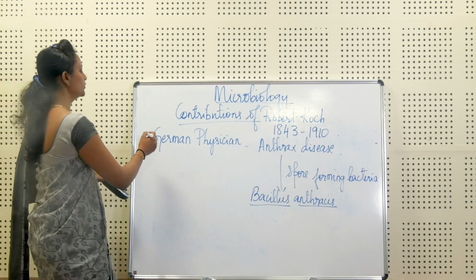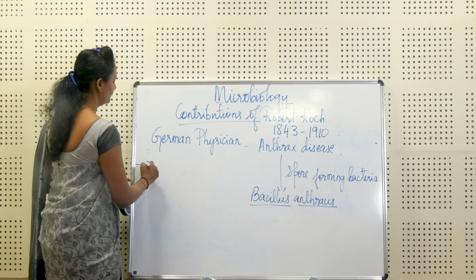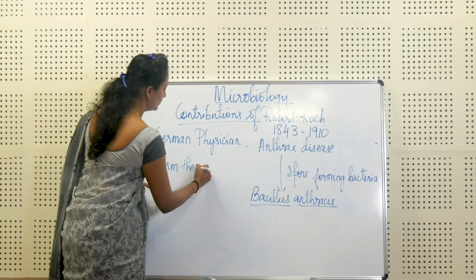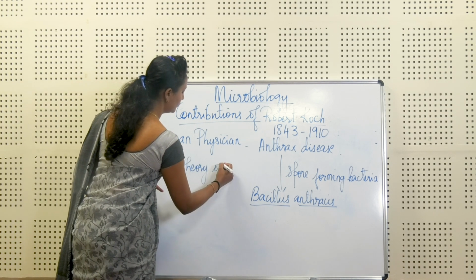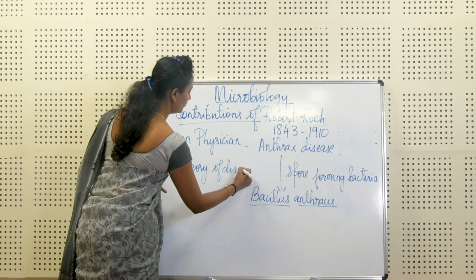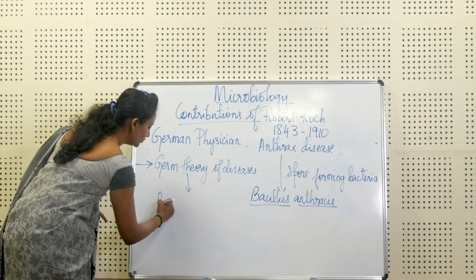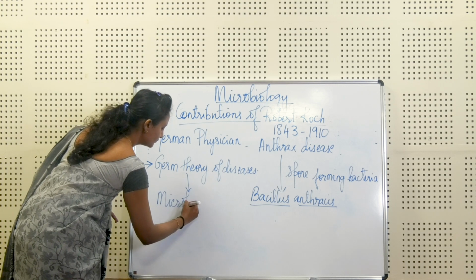Robert Koch also proposed the germ theory of diseases, which means microbes cause diseases.